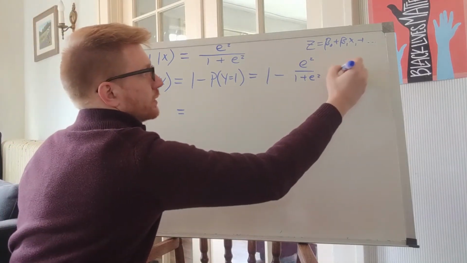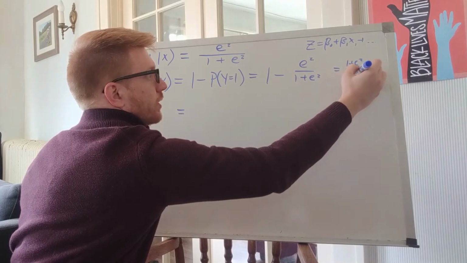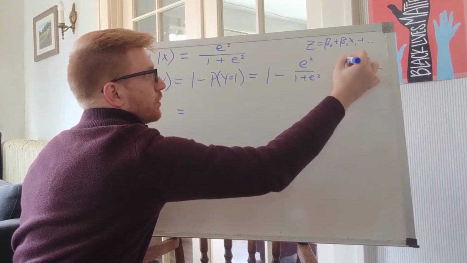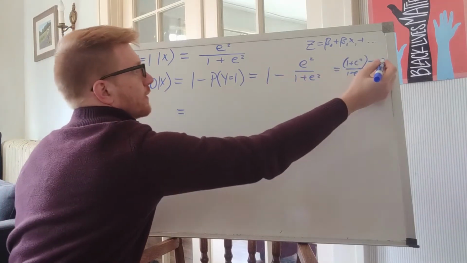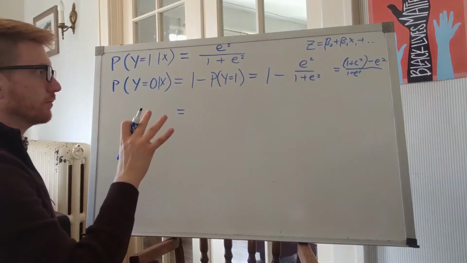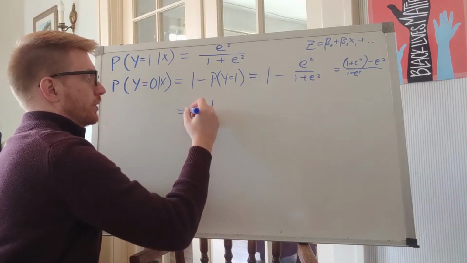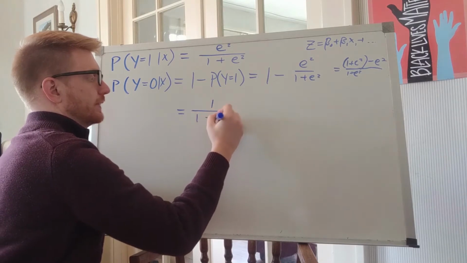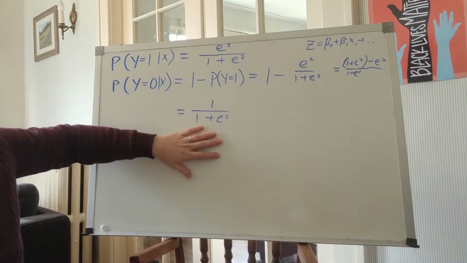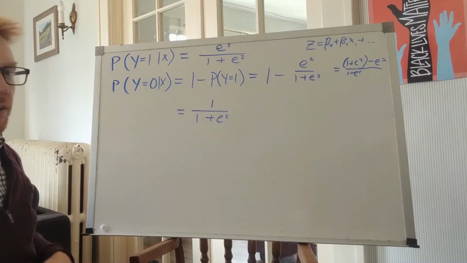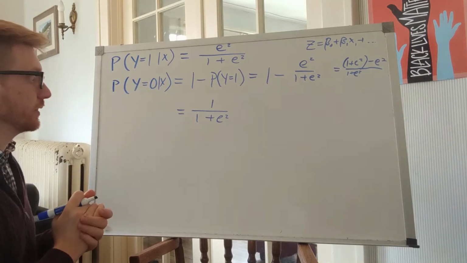With algebra, we can just write this as 1 over 1 plus e to the z, by putting everything over a common denominator. So this is the probability that it happens, this is the probability that it does not. So your odds are the ratio of it happening to it not happening.